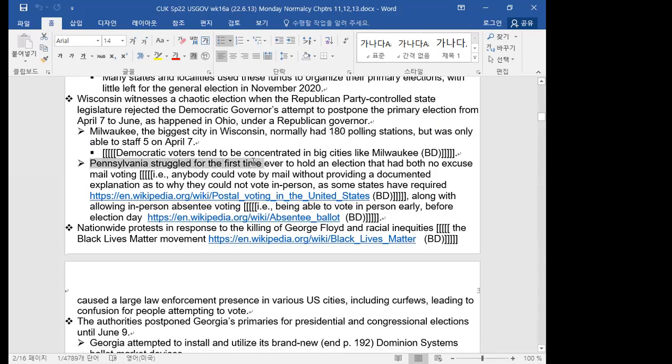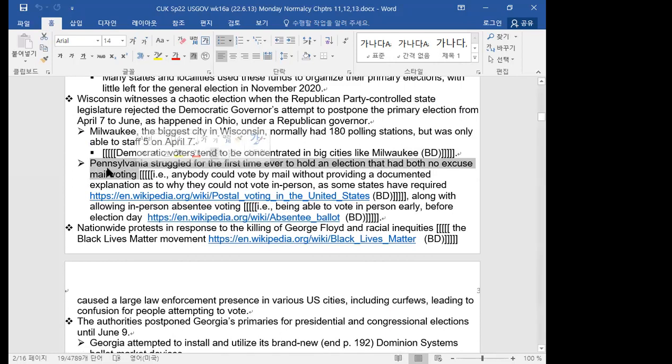Pennsylvania struggled for the first time ever to hold an election that had both no excuse mail voting. In other words, typically in a lot of places, if you wanted an early ballot to vote by mail early before election day, you had to give a reason. You say, well, like for me, I got a telephone. No problem, right? But if you're going to do that in the US, often in some states you have to give a reason. You can say, I'm sick, I can't drive.